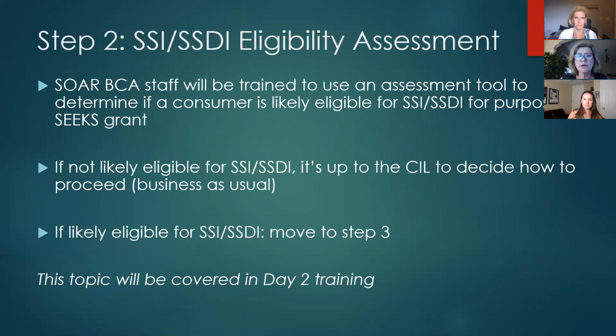The advocate will be trained to use an assessment tool that we've developed to determine whether or not it looks like the person's eligible for Social Security disability, which is another way of saying SSI, SSDI. If it turns out that they don't appear to be eligible, then it'll be up to the Center for Independent Living to decide how to proceed, so they'll just follow their business as usual process. If it looks like they are eligible, then we're going to move on to step 3.